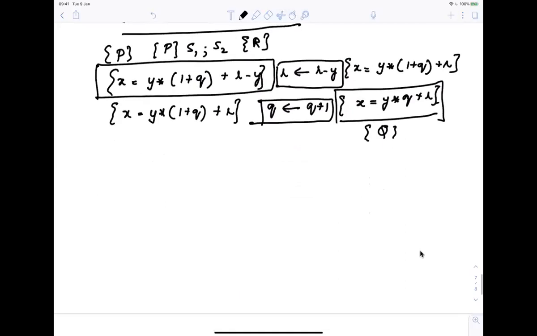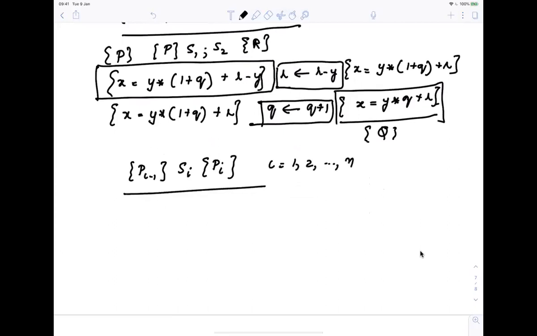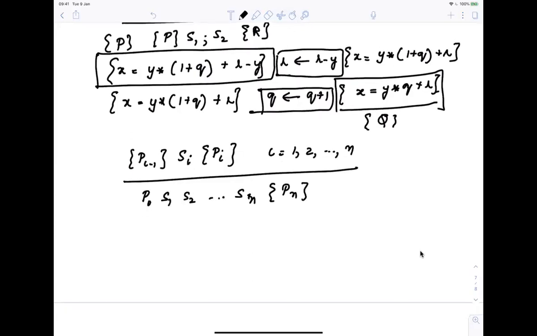So we can generalize this rule of composition and say: P of i minus 1, Si, Pi, for i equal to 1, 2, up to n, we can conclude P naught, S1, S2 up to Sn will lead us to Pn. So this is the rule of composition, and I guess we can stop here for the day and take some questions.